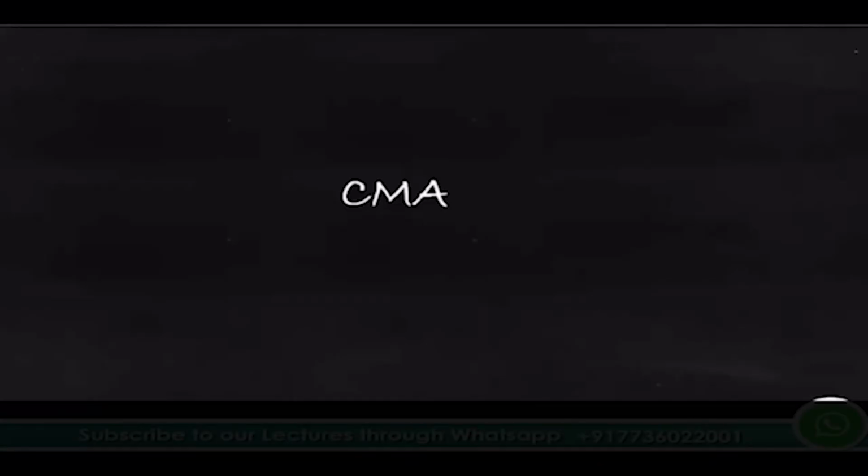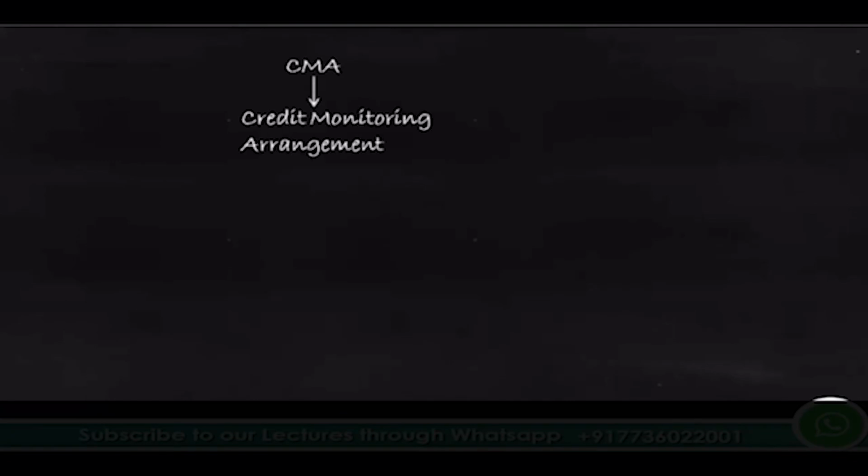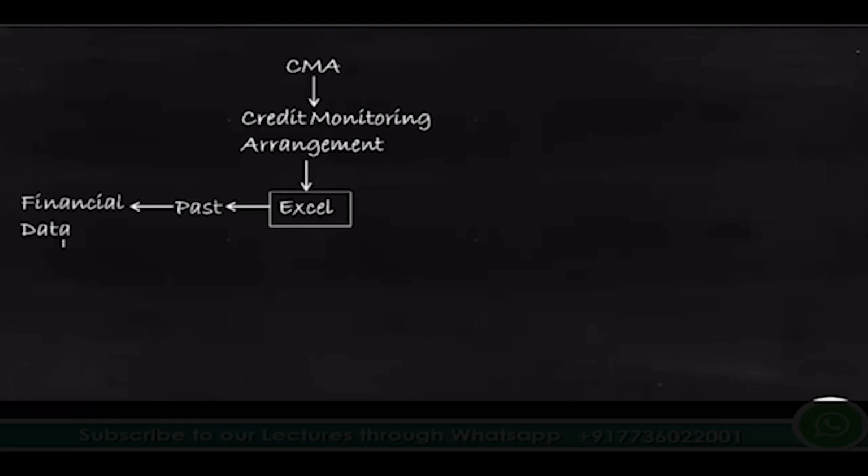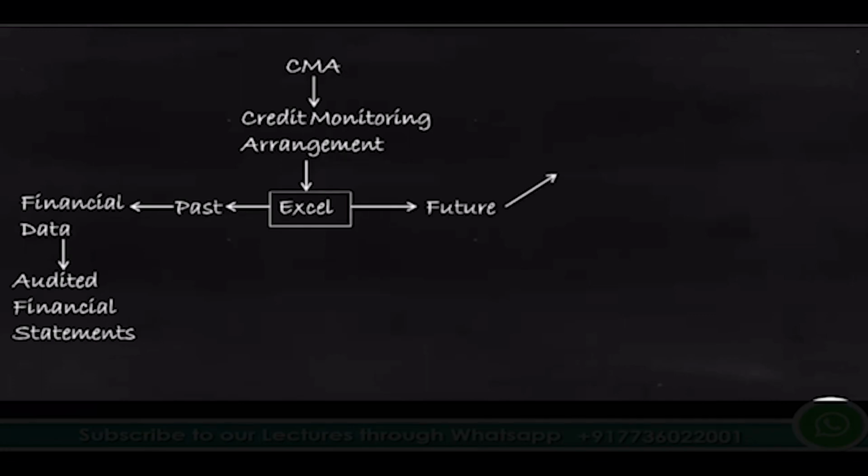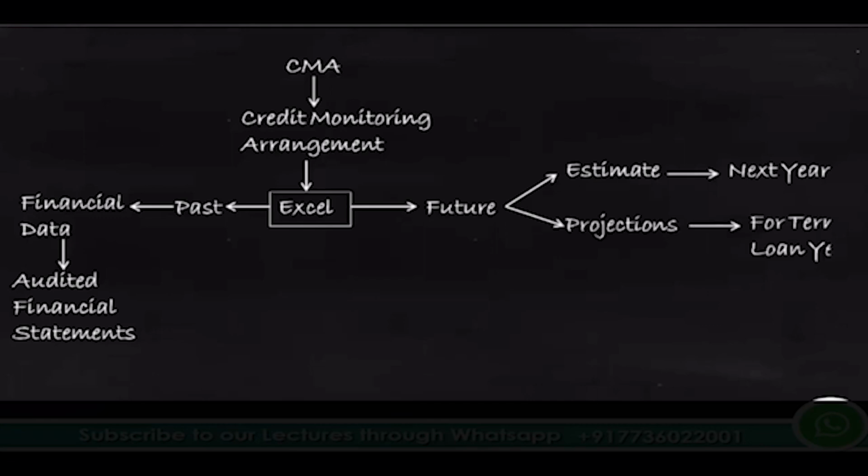Friends, in this session we'll be understanding what is CMA. In banking, CMA is called Credit Monitoring Arrangement. This is nothing but an Excel sheet which will give information about the past of the customer in financial data, which is basically lifted from audited financial statements, and it will also give a picture about the future, that is, what they have as an estimate for the immediate future, say next year, and what they have as long-term plans for their term loan tenors, which are called projections.